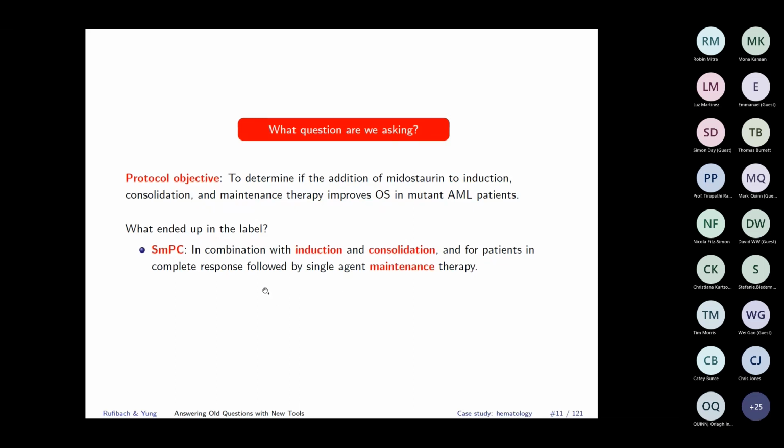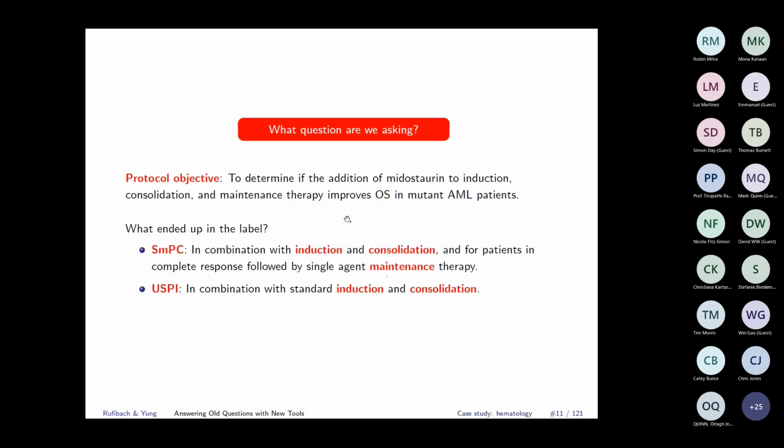The label given to midostaurin was in combination with induction and consolidation, and for patients in complete response, followed by single-agent maintenance therapy. Okay, so that's approximately what was on the diagram, but there is no mention of stem cell transplant. In the US, it was labeled as in combination with standard induction and consolidation. So here, not only SCT is missing, but also the maintenance is missing.